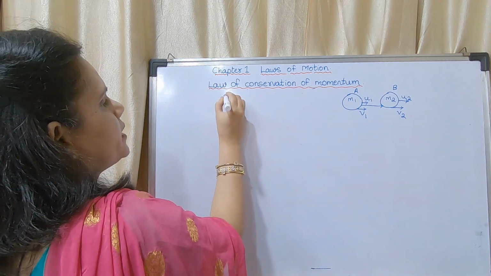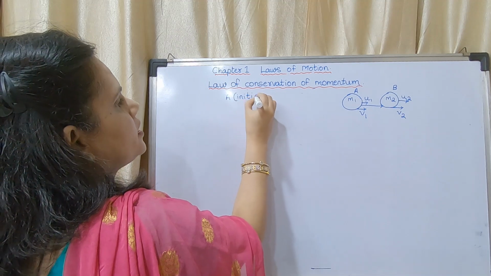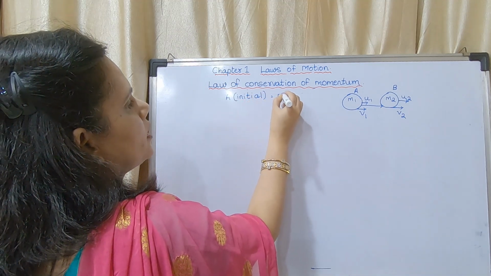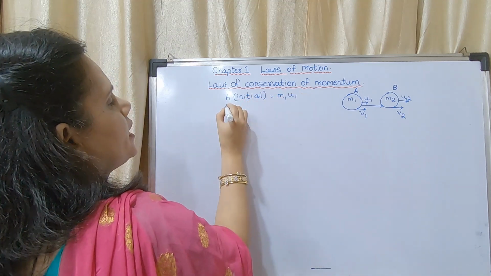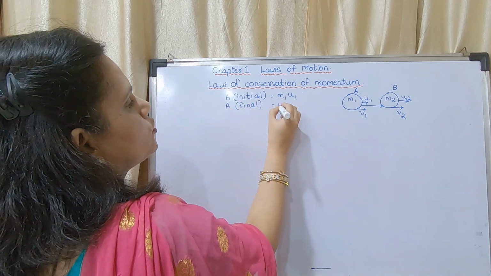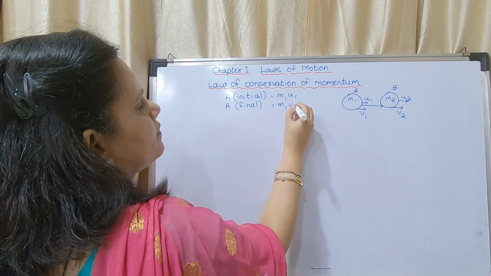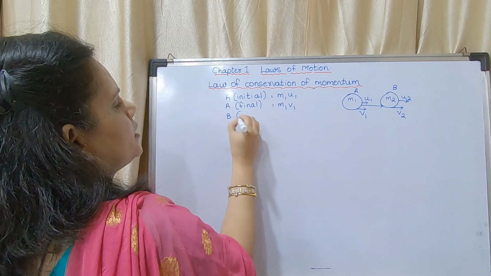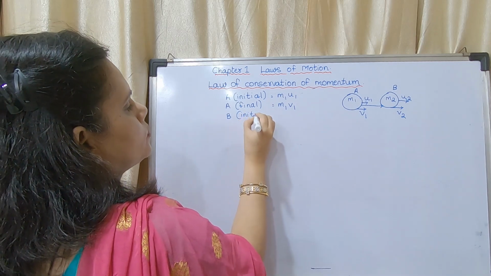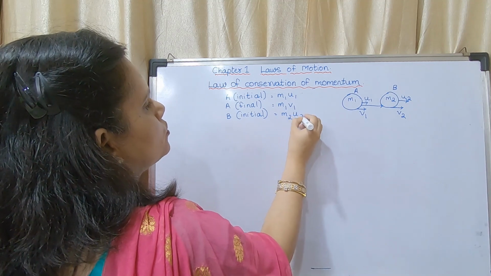For A, initial momentum is equal to m1 u1. Final momentum is equal to m1 v1. For B, initial momentum is equal to m2 u2.